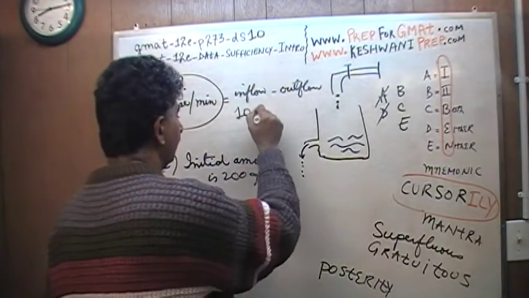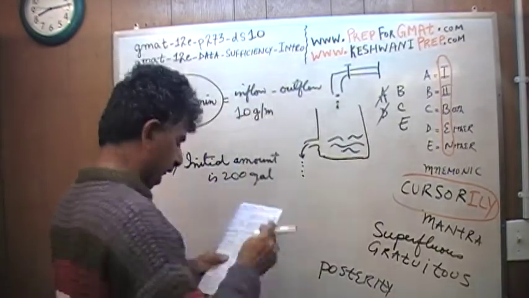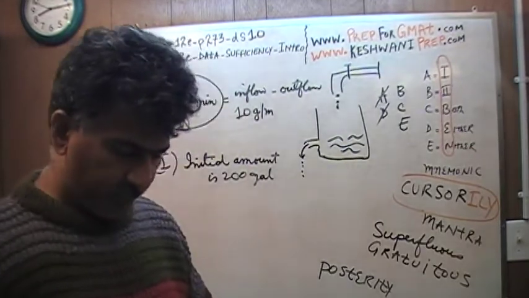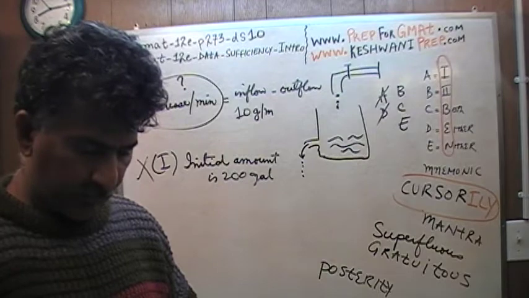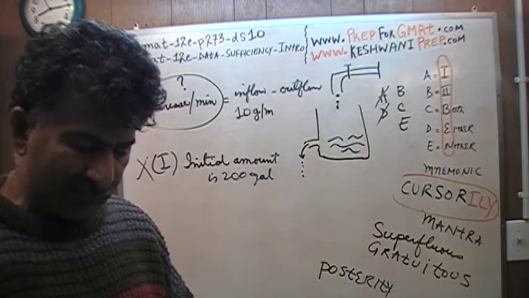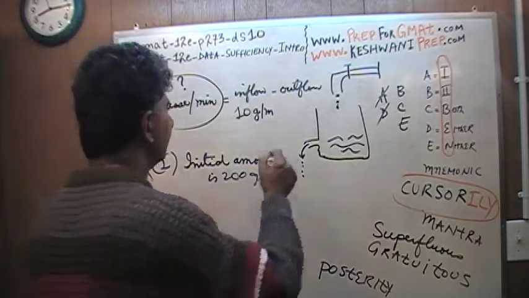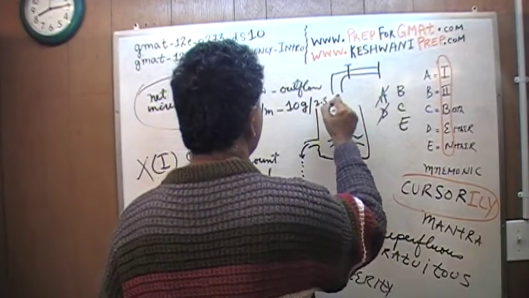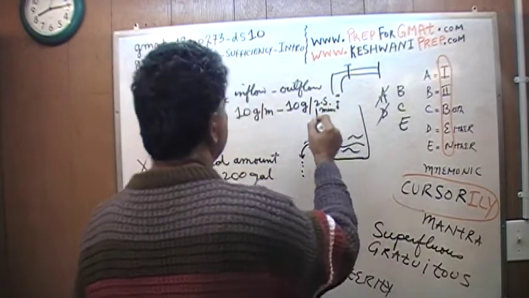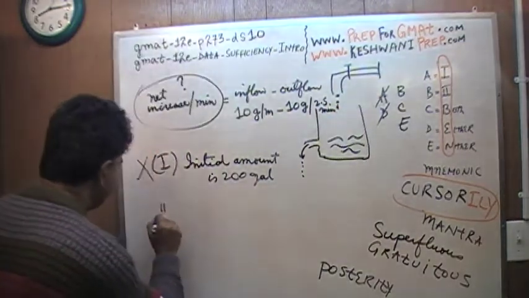10 gallons per minute. And does it tell you how far it's going out? It's going out at the rate of 10 gallons every 2.5 minutes. There you go. 10 gallons every 2.5 minutes. That is enough. Let me put it here.